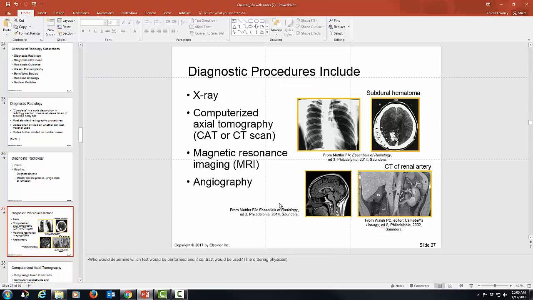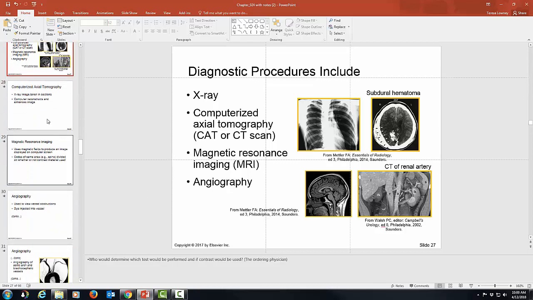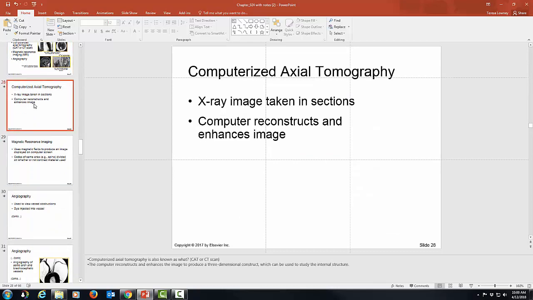Diagnostic procedures include X-ray, CT or CAT, MRIs, and angiography. Now, when we did cardiology, of course, we already have coded these, so we know what those are. Computerized axial tomography. This is an X-ray taken in sections, and then the computer reconstructs and enhances the image.